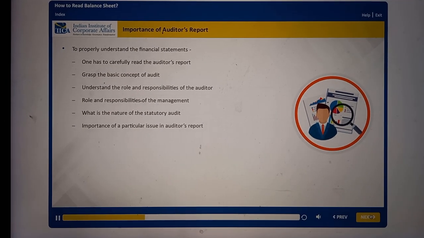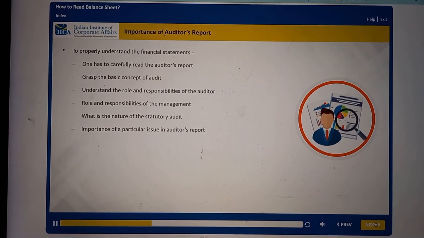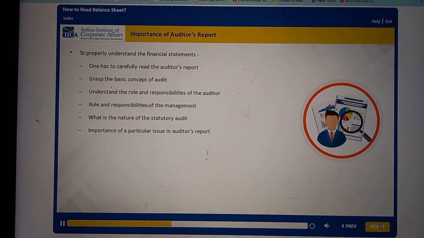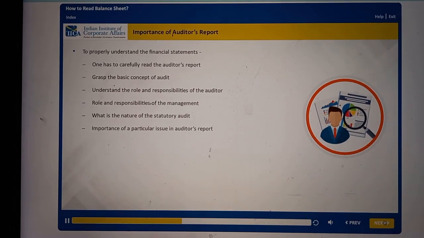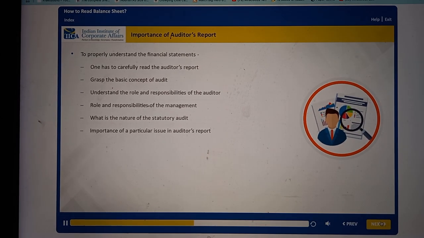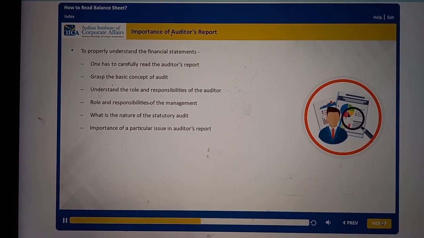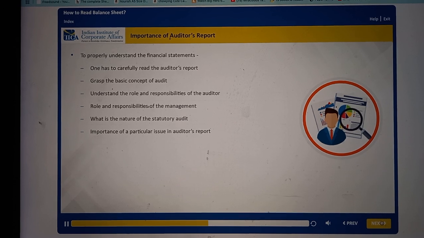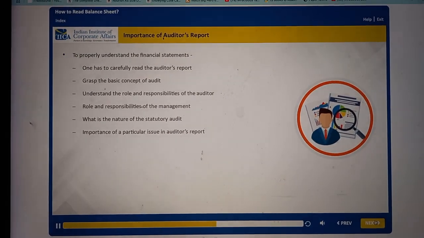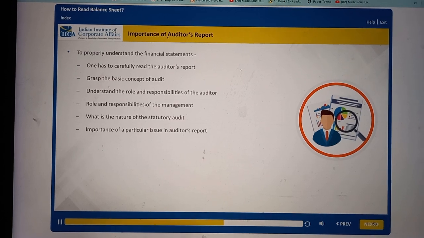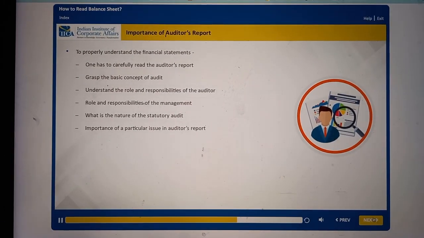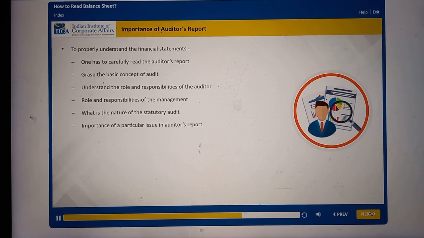When it is said that it is a true and fair view, I don't say that it is free from fraud or misrepresentation, because if there is a fraud or misrepresentation, the true and fair view of the financial statement will be affected. But the auditor's report indicates that the balance sheet and statement of profit and loss annexed to it give a true and fair view of the financial statement of the company.